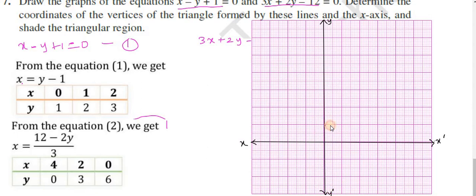Now look at the points. See what is the maximum point on the x-axis and what is the maximum point on the y-axis. On the x-axis the maximum point is 4 and on the y-axis the maximum point is 6.